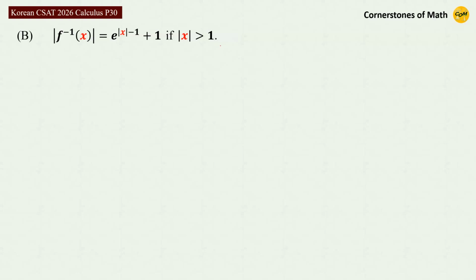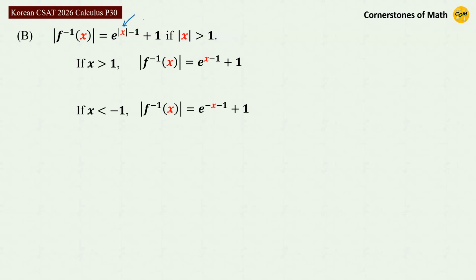Next, let us take a look at condition B for the case where the absolute value of x is greater than 1. This time, we actually need to do case division twice. First, we remove this absolute value by dividing into 2 cases, x greater than 1 and x less than -1.